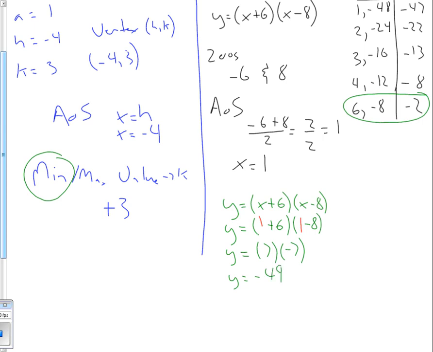Okay, so my vertex is at (1, -49). So the 1 tells me when you get the optimum value, and the y coordinate tells me the optimum value.